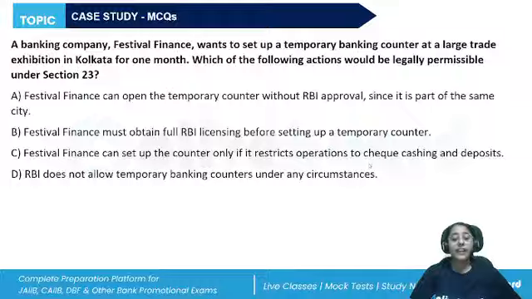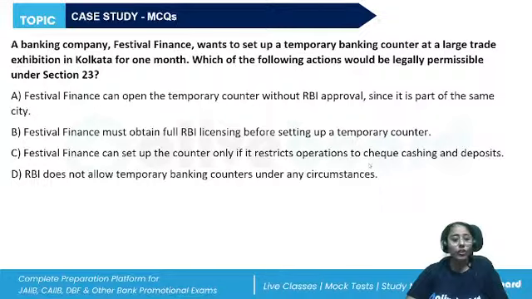Festive Finance must obtain full RBI licensing before setting up the temporary counter. Festive Finance can set up the counter only if it restricts operation to check cashing and deposits. RBI does not allow temporary banking counters under any circumstances.